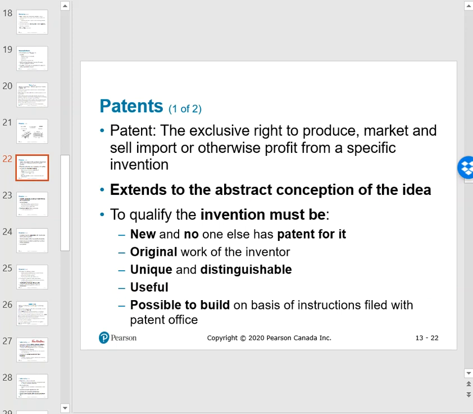It has to be useful, because if it has no applicability, then it cannot be patented. And also, it has to be possible to be built. It has to be possible to be manufactured. Those things may be patented.